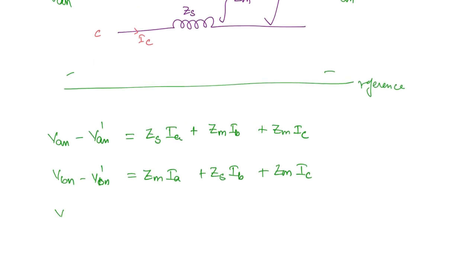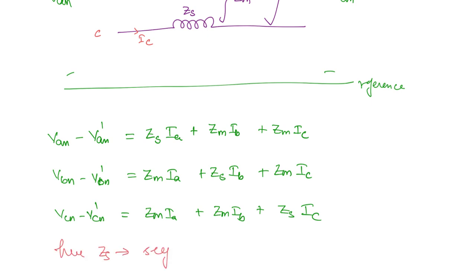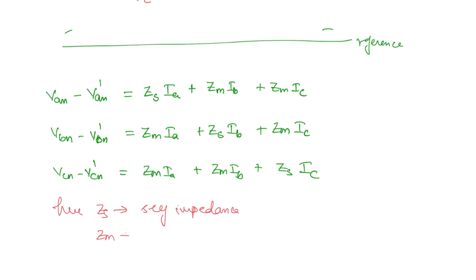Similarly, VCN minus VCN dash: here self impedance will be with respect to current IC, others will have mutual impedance: ZM IA plus ZM IB plus ZS IC. Here ZS is the self impedance, and ZM is the mutual impedance between the transmission lines.